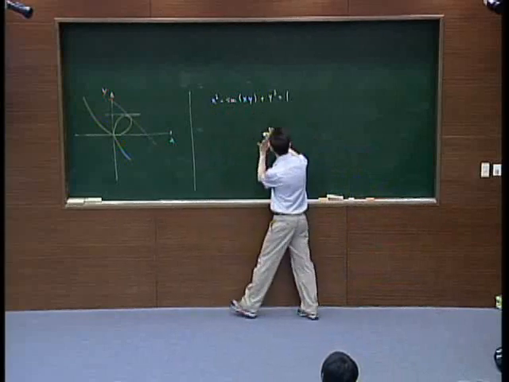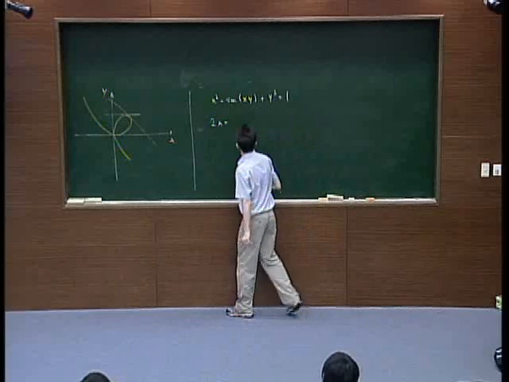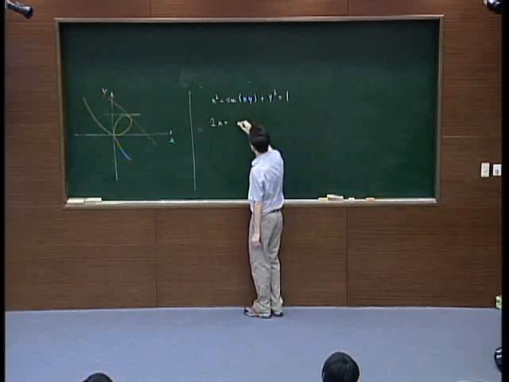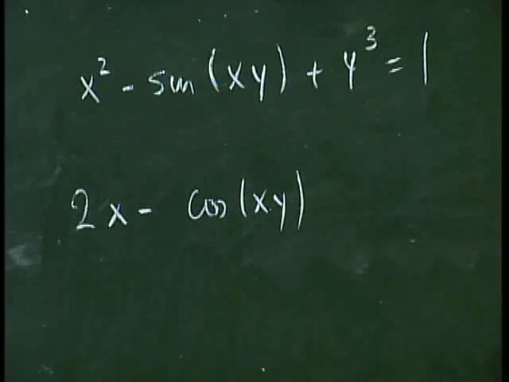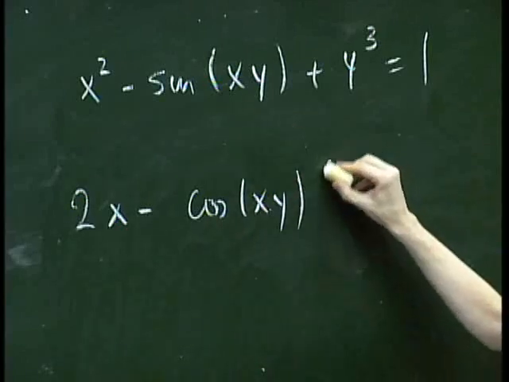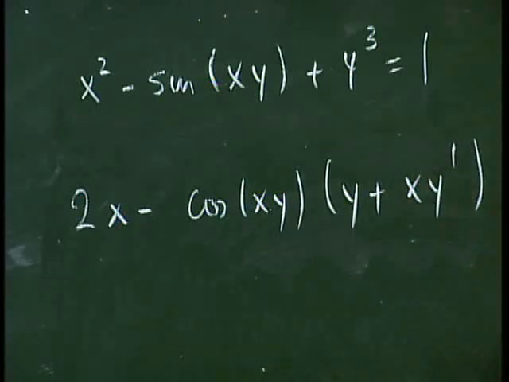Namely, on both sides we take the derivative with respect to x. So we have here 2x minus, now we have to use the chain rule, so we have the cosine of xy times the derivative of the inner function, which is y plus x times the derivative of y, plus the derivative of this part here, which is 3y squared times the derivative of y, is equal to 0.